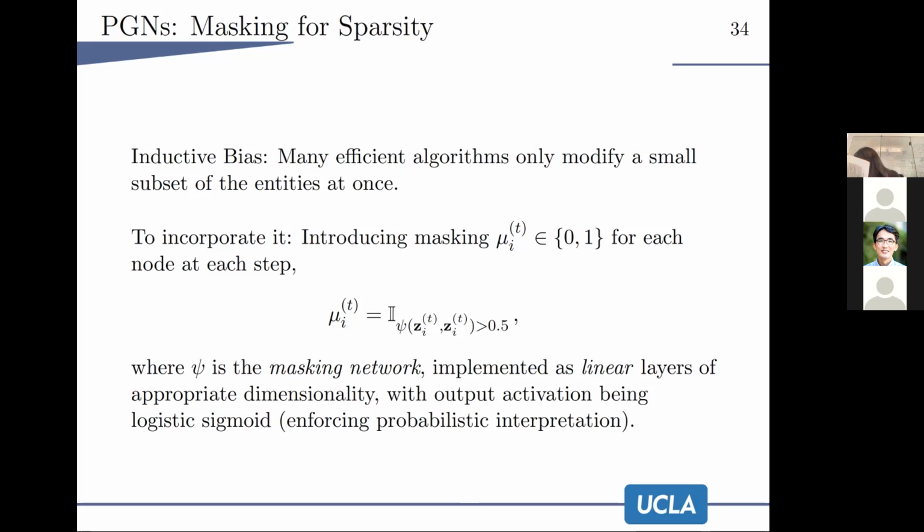Sorry, in the paper, oh yes, the second z_i^t should be h_i^t. So the masking is computed through a masking network that takes the encoded input and the hidden state into consideration, and is implemented as a linear layer with proper dimensionality. The output activation is the logistic sigmoid, which forces the probabilistic interpretation.